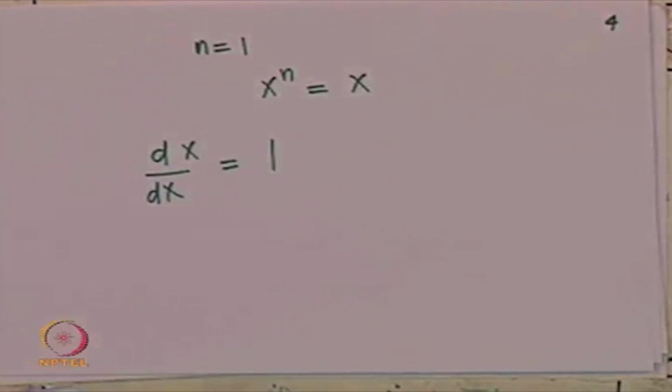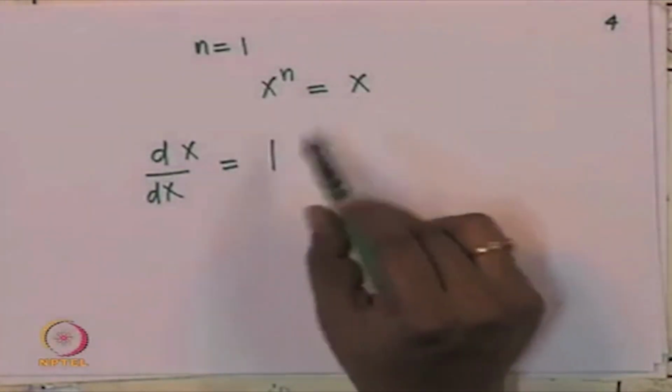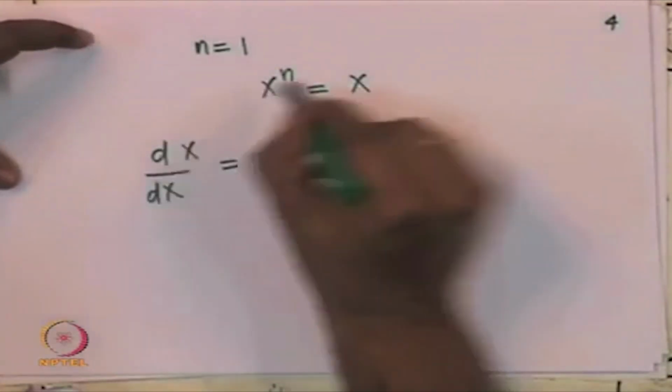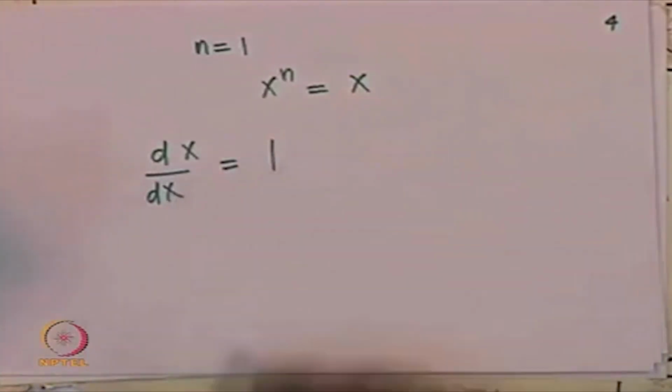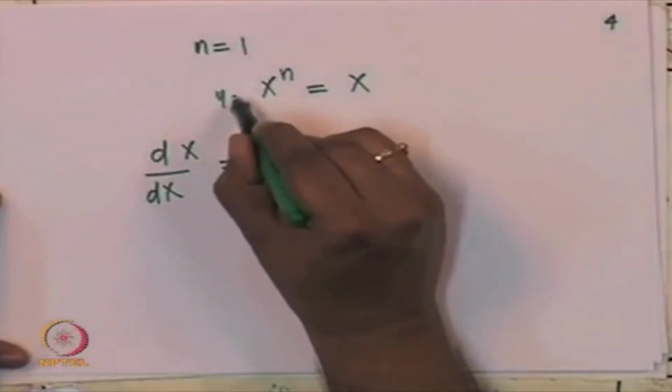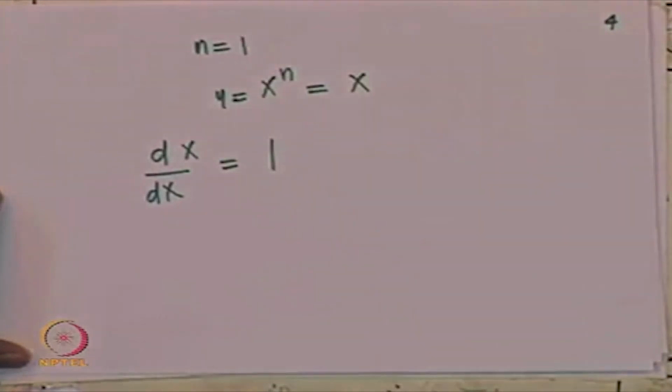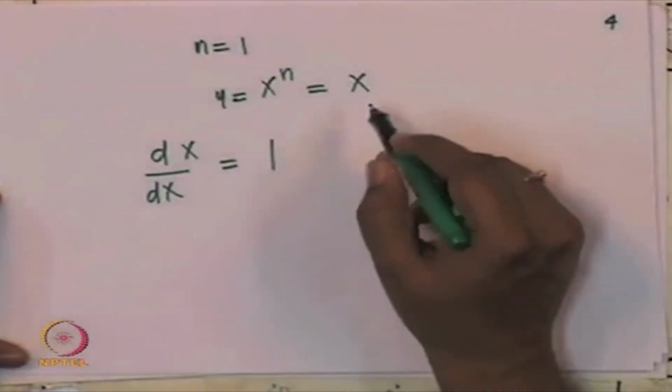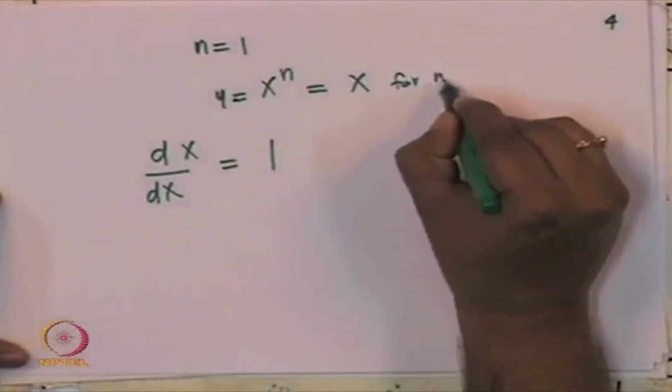We know that x power n when n equal to 1 is x, and dx by dx is 1. This much we know. This is a simple idea, right? So y is x power n, and it's equal to x for n equal to 1.